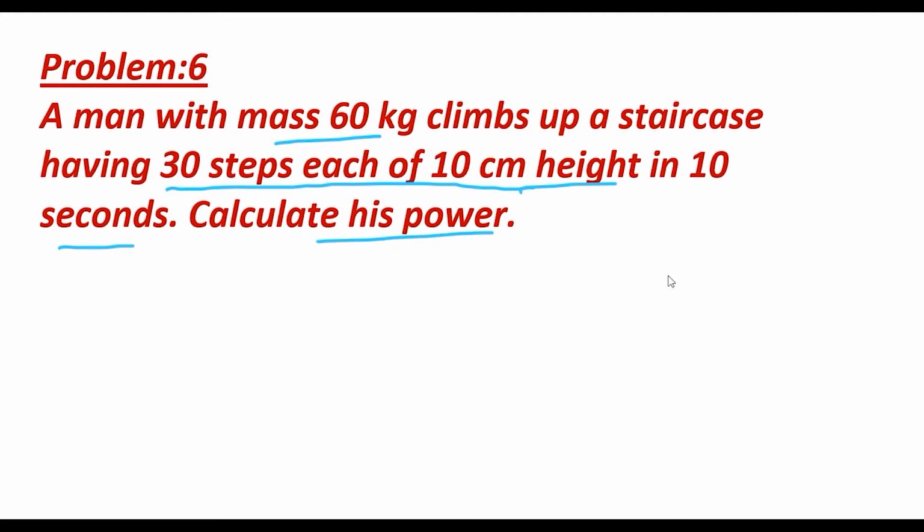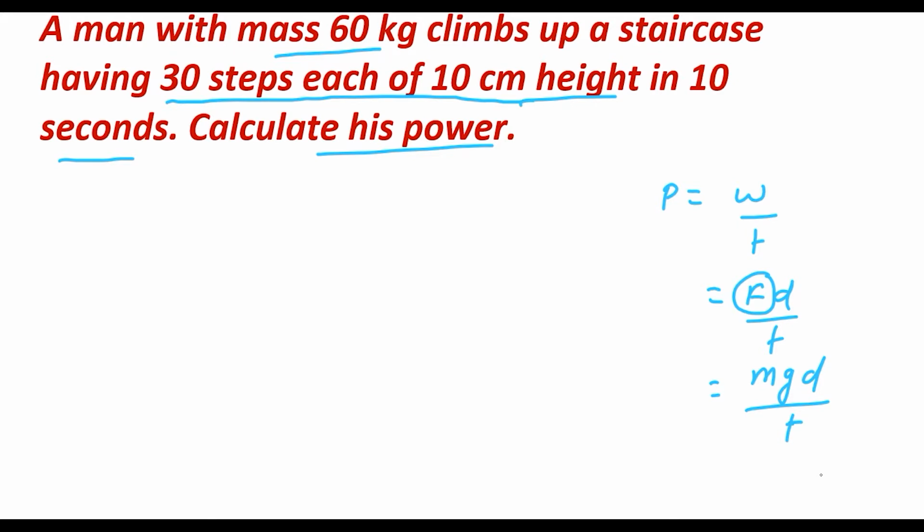We know that power equal to work done upon time taken, and we know that work means F into D upon T, and we know that force is given by m g and dt. So in this way we can find the power.